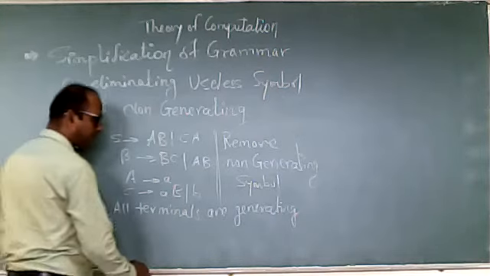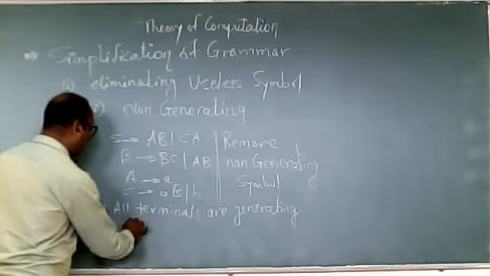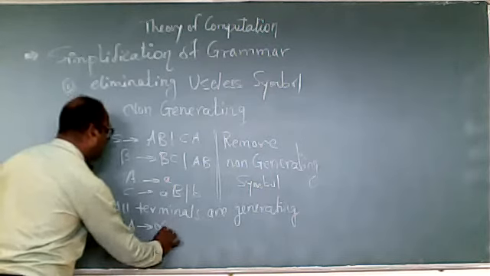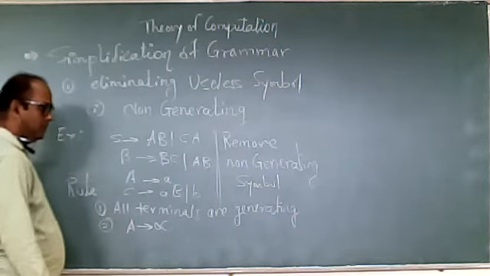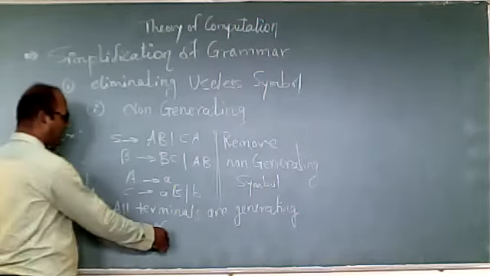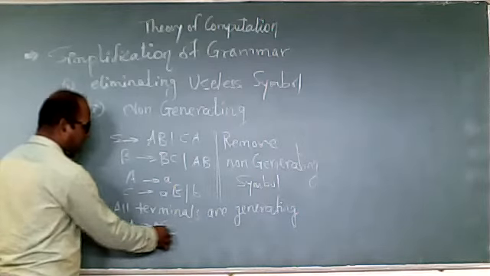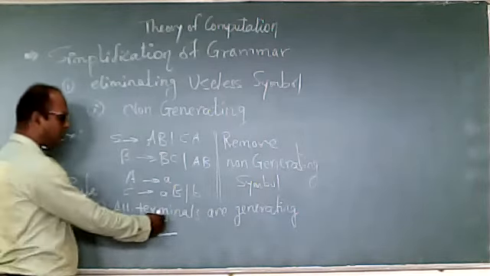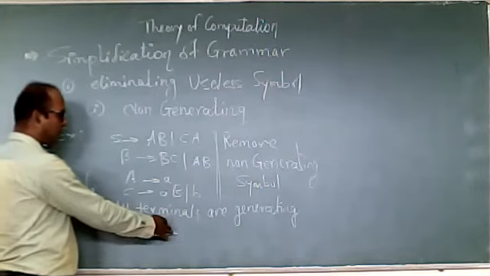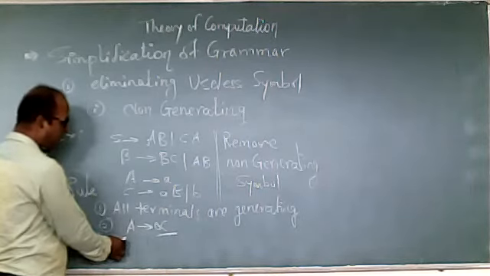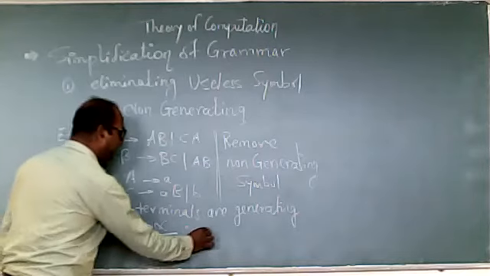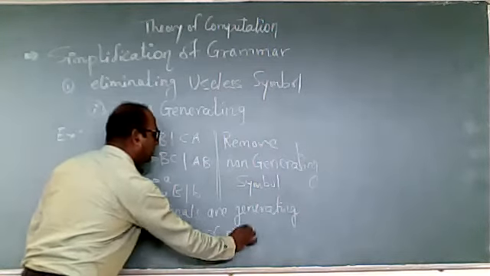Now second, if A is a variable and A produces alpha, where alpha is a collection of variables plus terminals, then if A produces this, that alpha must be generating.